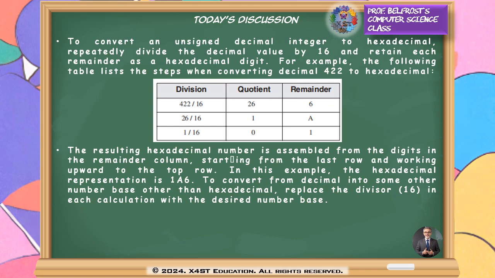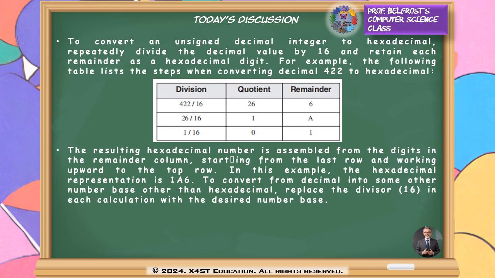So to convert an unsigned decimal integer to hexadecimal, you just need to repeatedly divide the decimal value by 16 and retain its remainder as a hexadecimal digit. You have done this before, right? With binary, and the formula is the same. You just need to repeatedly divide the decimal value by the base.